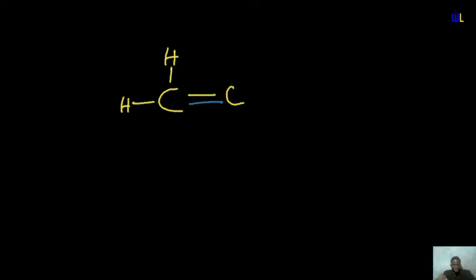So, back to the things to note about sp2. Once you're dealing with sp2, the number 1 thing I said you should note is that you have 3 sigma bonds. The sigma bonds are indicated by the number of hybridized orbitals. You have 3 hybridized orbitals.